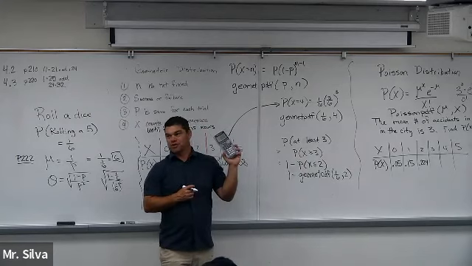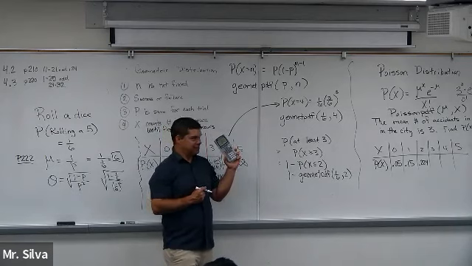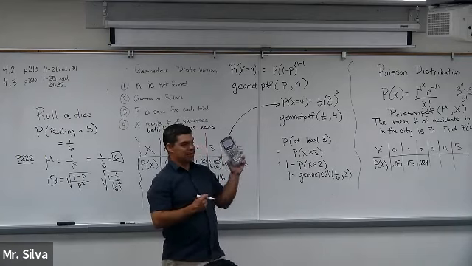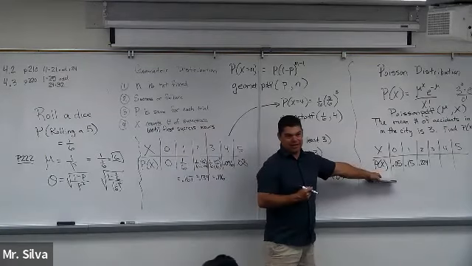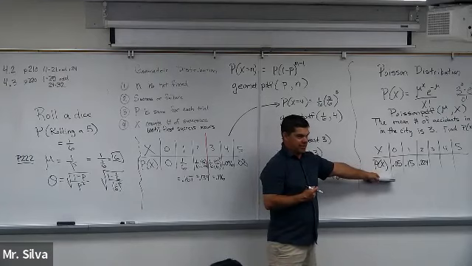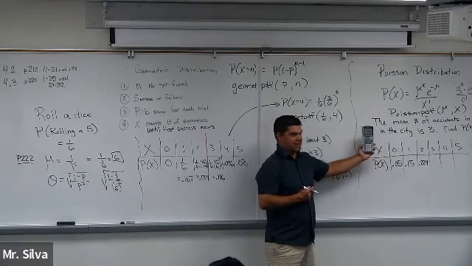Two more shortcuts, three more items for the day. We could do all this. This is called a probability distribution table, a Poisson probability distribution table, and I could do this in my list in the calculator.